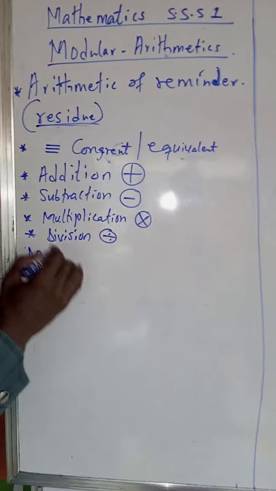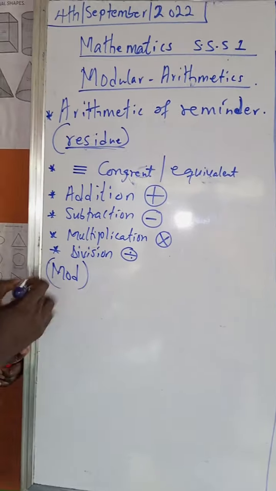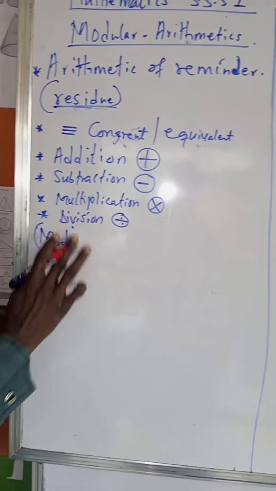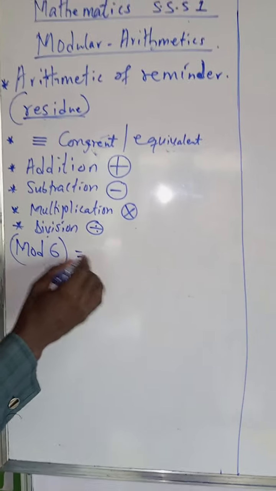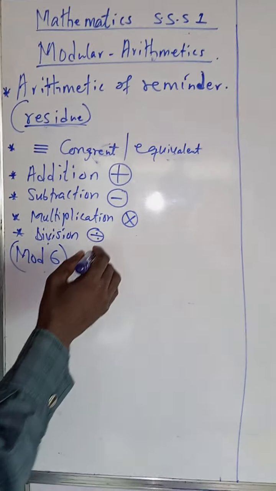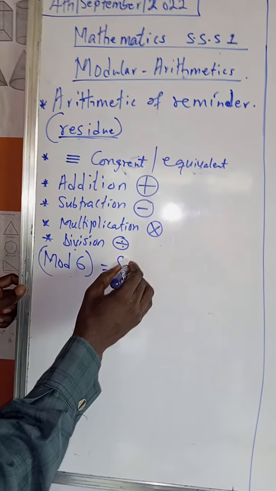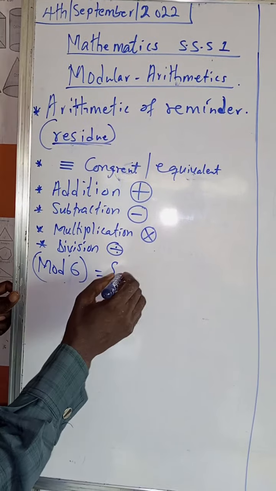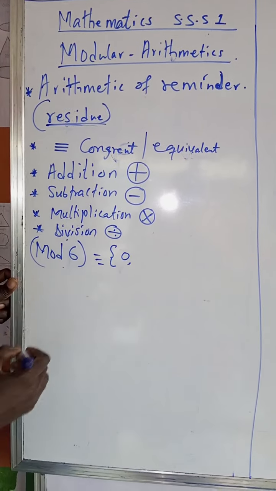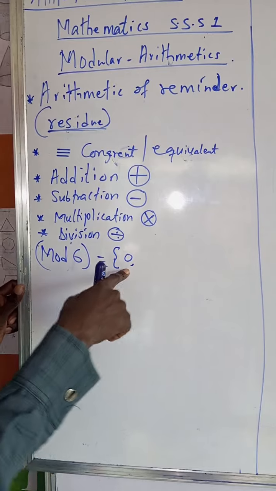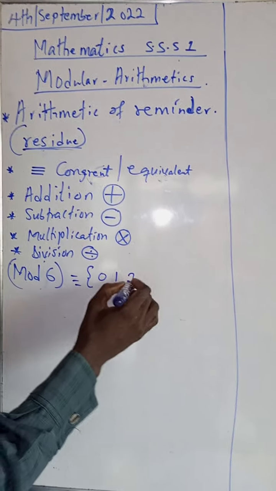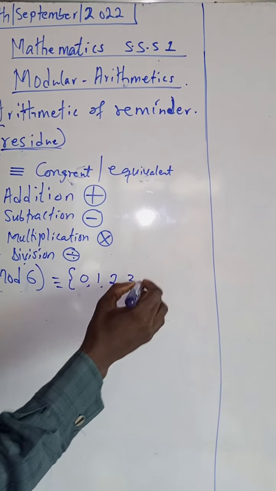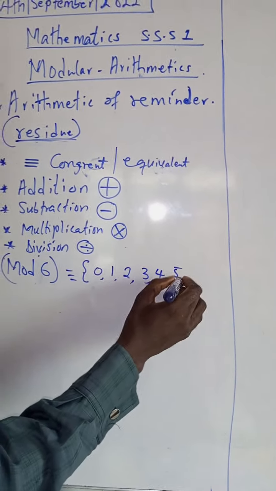Take for instance, you say modulo 6. The residues of modulo 6 start from 0. It could remain nothing, or 1, or 2, 3, 4, 5.